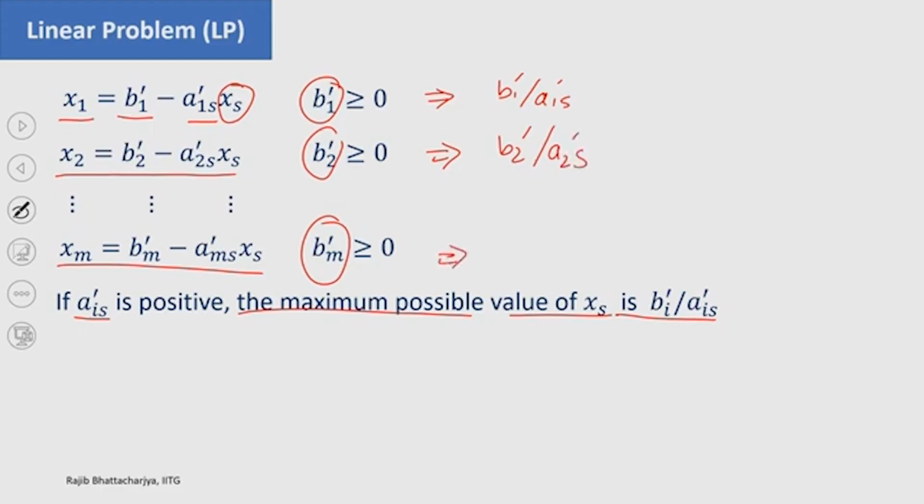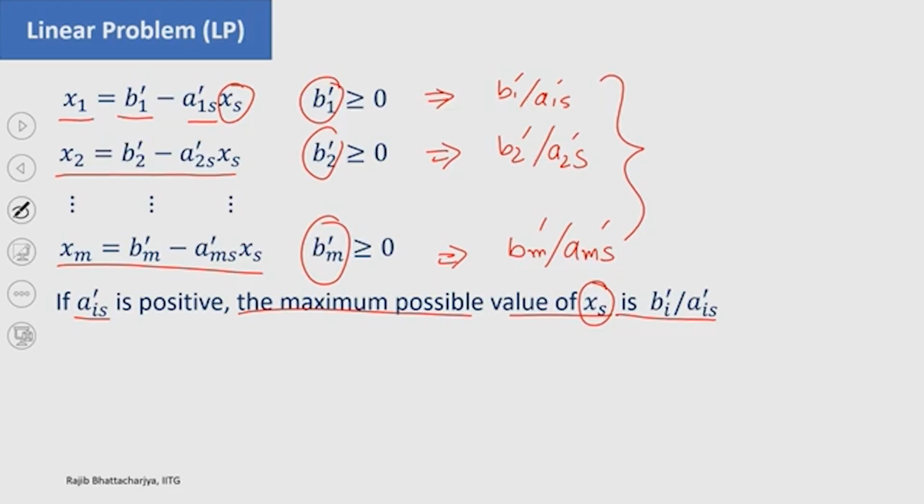Similarly, from the last equation, it is bm dash divided by ams dash. So, these are the possible values of xs.